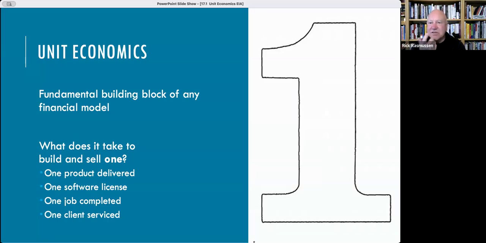So, unit economics. First off, a lot of you have relatively complex products. The first thing when building out your finances is to figure out what you are selling and keep it narrow. We can describe that as basically what you price with your customers. What does it take to build and sell one unit?